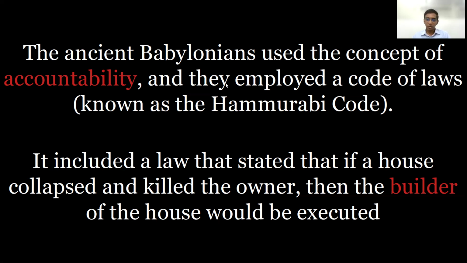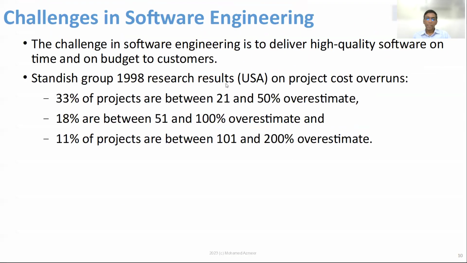That means if I go and build a house and something happened and the house collapsed and people in that house died, then the government can kill me. I will be executed. Right? So that is accountability. I built the house not properly and they died. So they can kill me. Imagine if we did that for our products these days, many people would be dying. Right? So we don't have it luckily, but somebody has to take the responsibility.